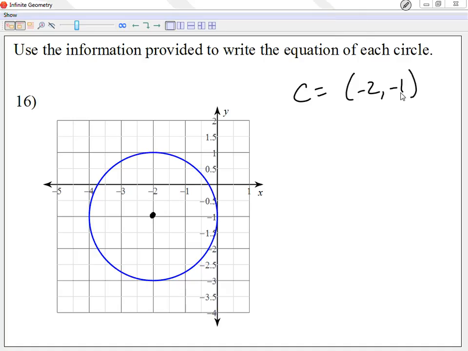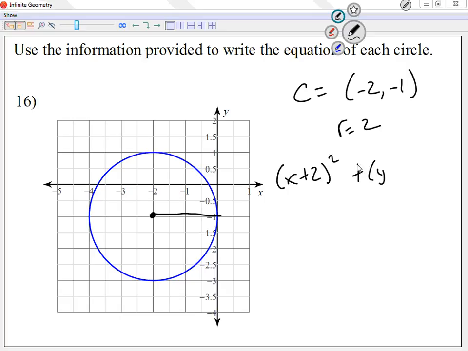Good. And then I'm going to say the radius is that long. How big is this radius? 2. So my equation will be x plus 2 squared plus y plus 1 squared is equal to 4. And then the 4, remember, I went radius squared. So that's how I got the 4.